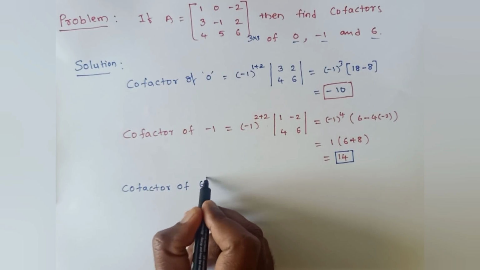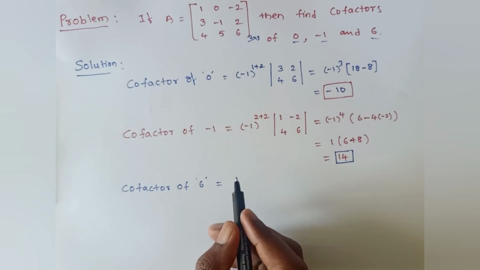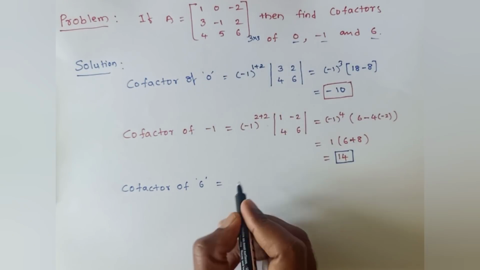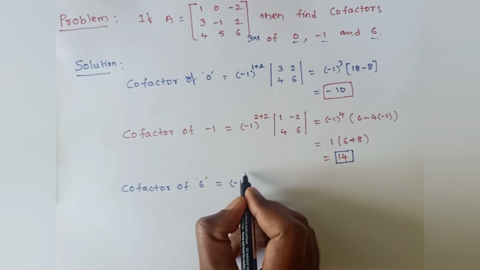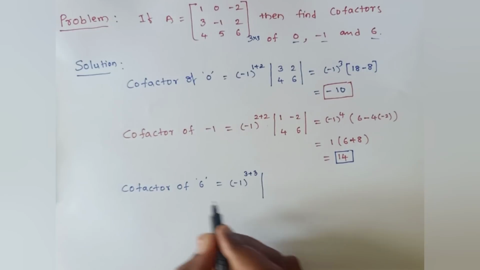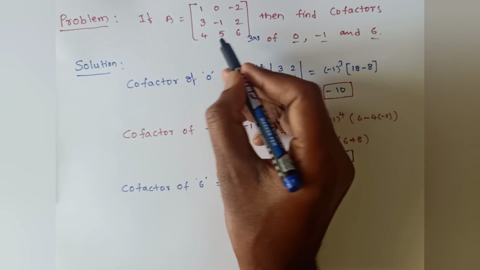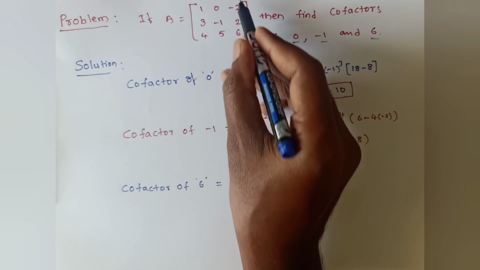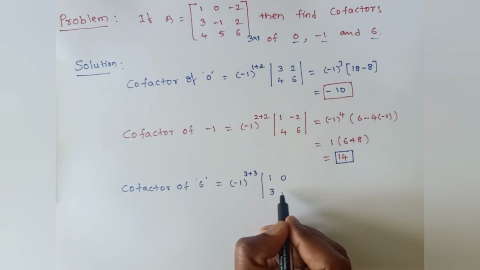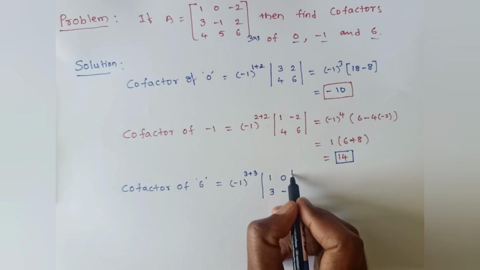6. Where the 6 is present, that is in the third row and third column. This is minus 1 to the power of third row plus third column into the minor of 6, which is obtained by deleting this row and this column. That is 1, 0, 3, minus 1.